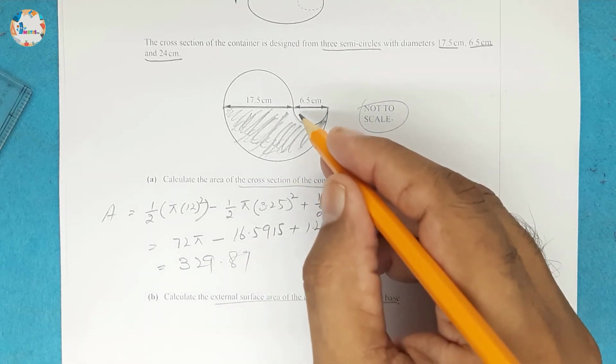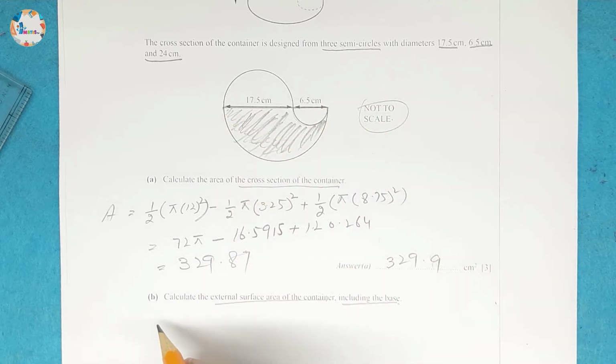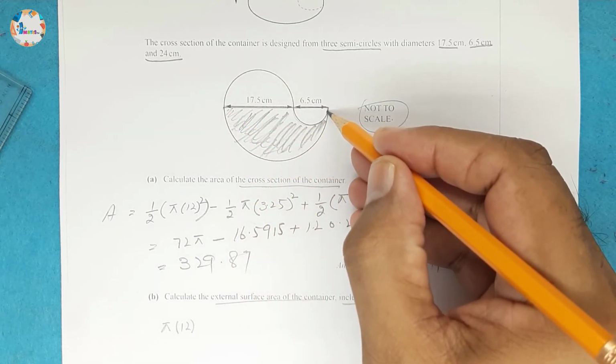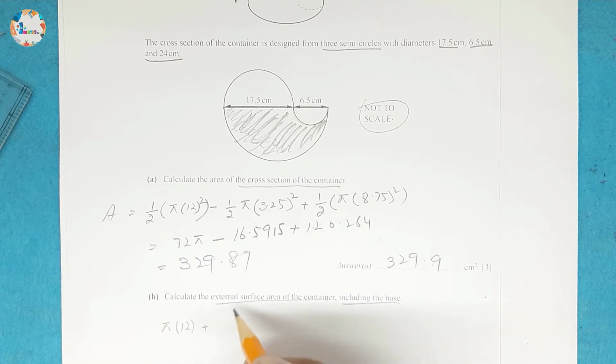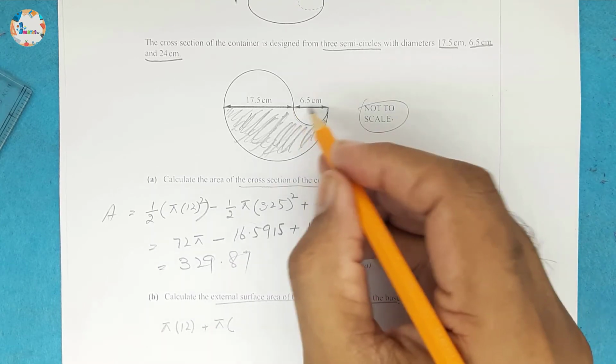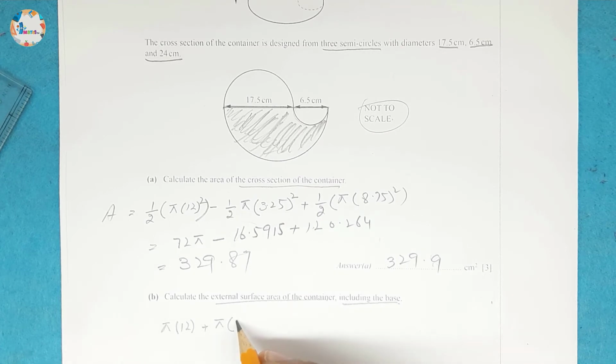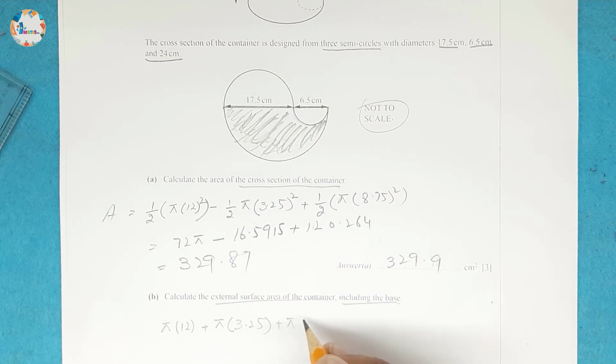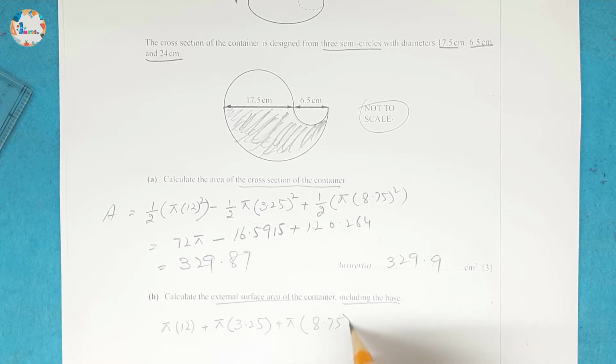First of all, we will take the boundary line of this bigger semicircle, which is basically, instead of 2 pi r, I will write pi r, because this is a semicircle, it's not a complete circle. So pi into 12, this will be basically the boundary line from here till here. Then plus pi into radius 3.25 for the smaller one, and the medium one will be pi into 8.75 radius.